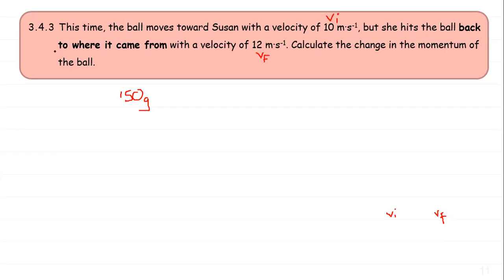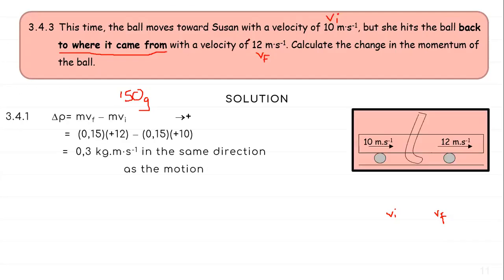Now, if it goes back to where it came from, it tells me that it moved in the opposite direction. So the initial direction, which is the original direction, it was moving at 10 meters per second. Then the opposite direction, it was moving at 12 meters per second.